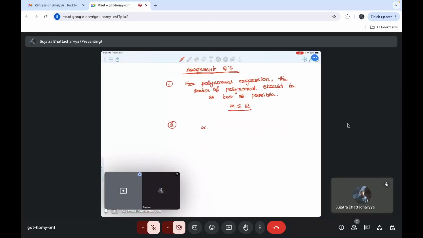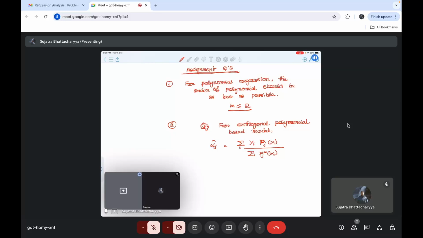Alpha j hat for an orthogonal polynomial based model is written as the summation over i of y_i times p_j(x_i), divided by the summation of p_j squared of x_i.